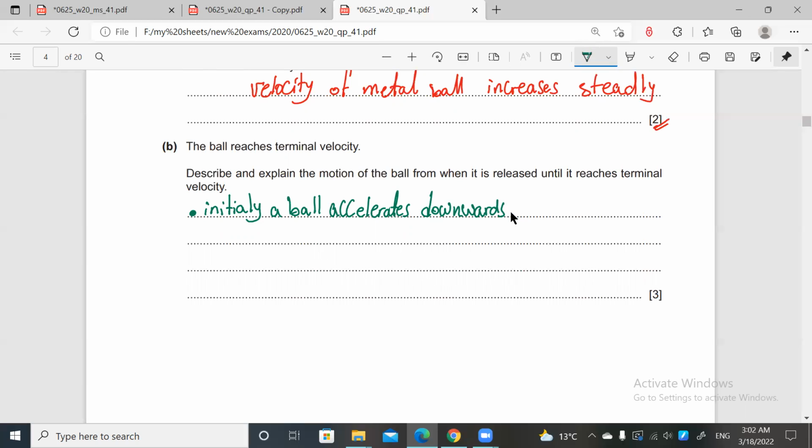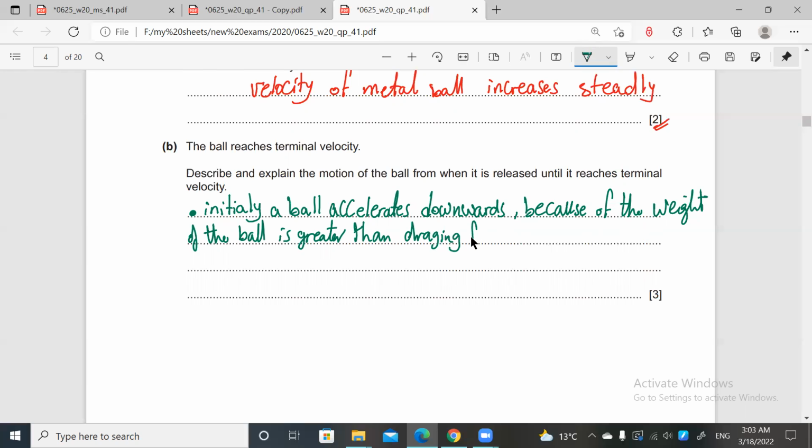That's because the weight of the ball is greater than the dragging force.